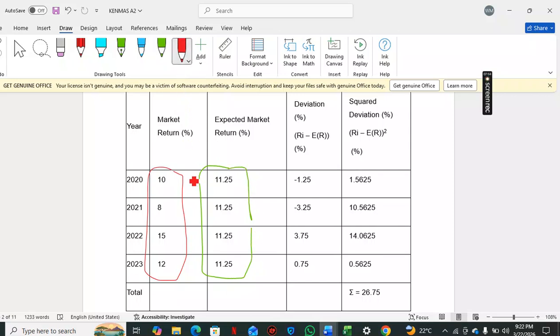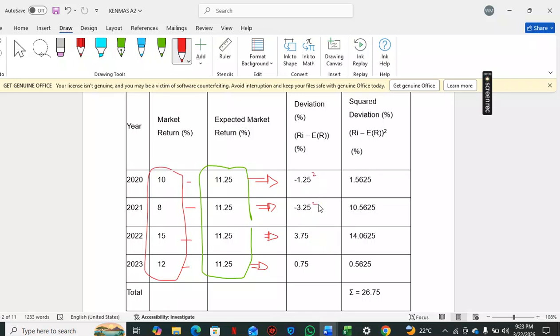Step 1, subtract: 10 minus 11.25, negative 1.25. 8 minus 11.25, negative 3.25. 15 minus 11.25, 3.75. 12 minus 11.25, 0.75. These are the deviations, how far each return is from the average return.